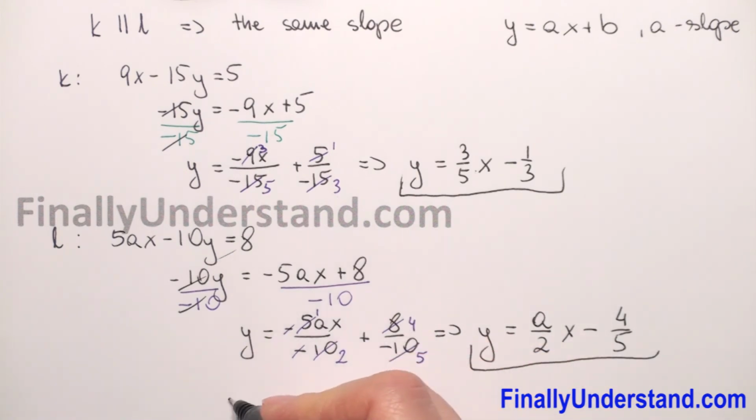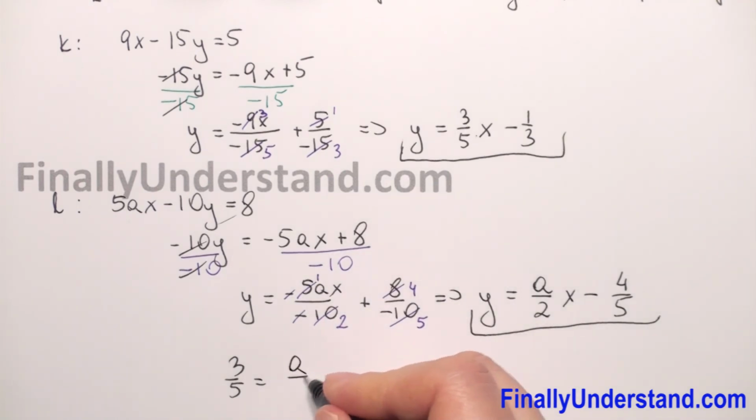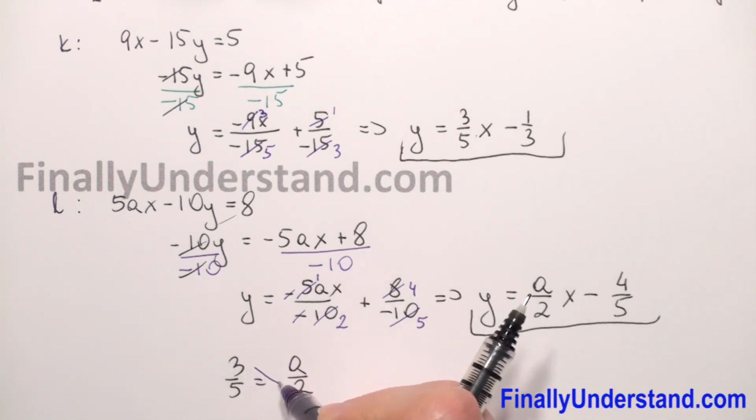So we have 3 over 5 must be equal to a over 2. So we have an equation with one unknown, a. When we solve this equation for a, we will have the value for which our system of equations has no solution. Now, to solve this proportion, I will cross multiply.